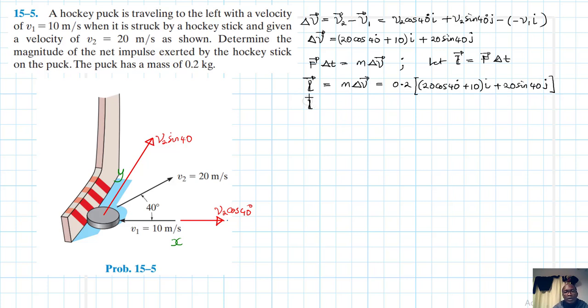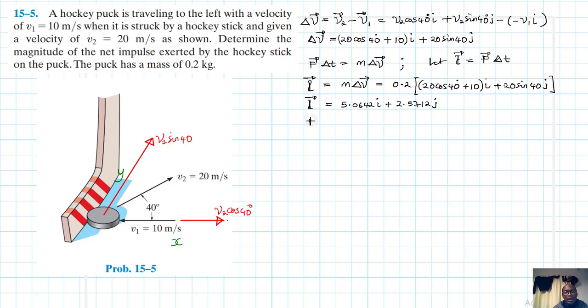If we work this out, we have 0.2 times 20 cos 40 plus 10, which gives 5.0642 i, plus 20 sine 40 times 0.2, which gives 2.5712 j.